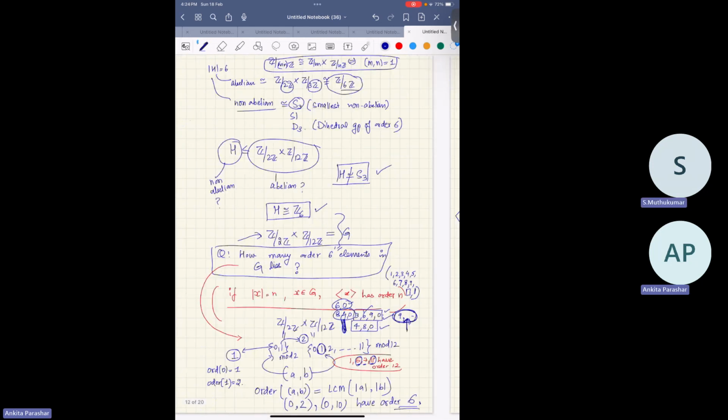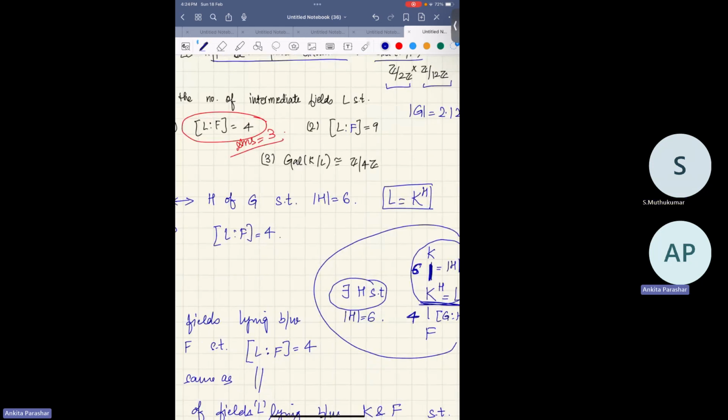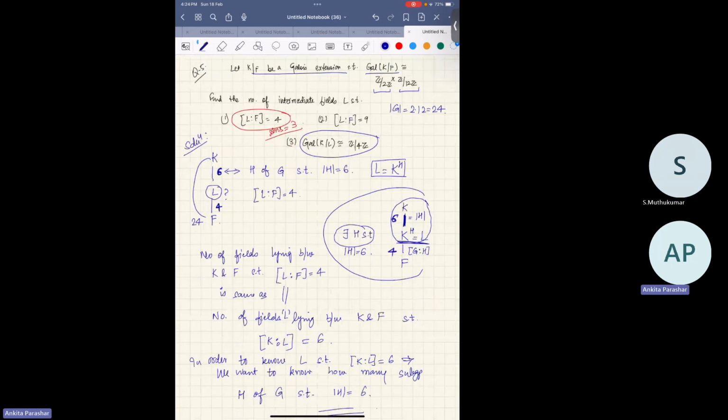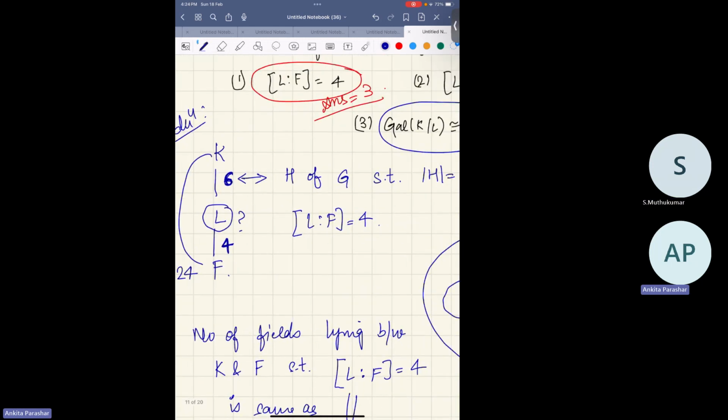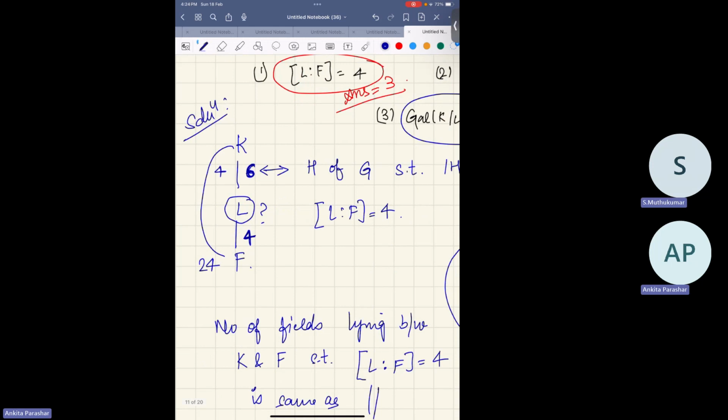Okay, let's go to the third point, which says that the Galois group of K over L should be the cyclic group of order 4. That means this time they are demanding that K over L should be 4. If this is 4, then this should be 6, right?